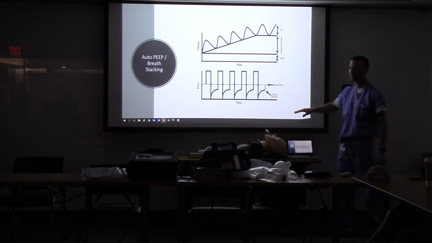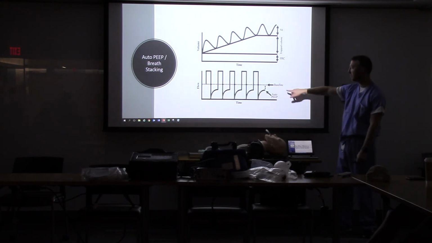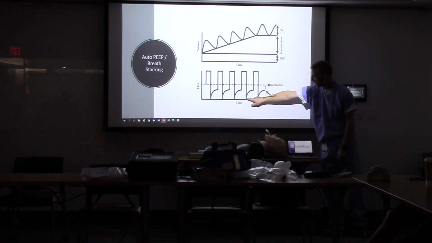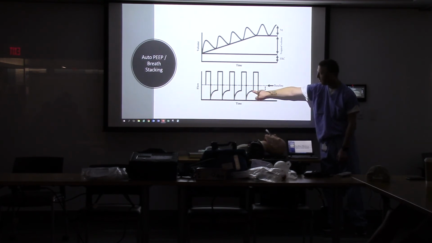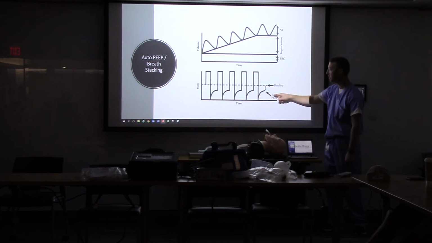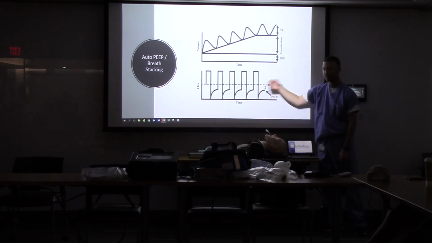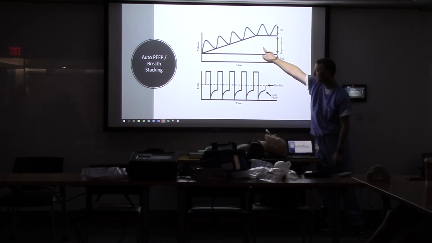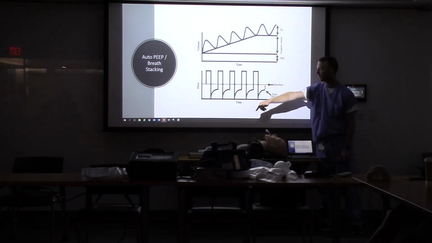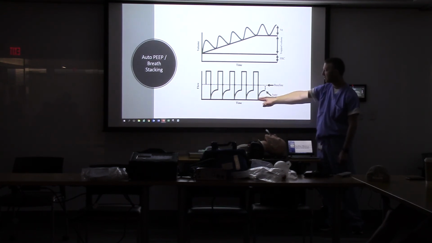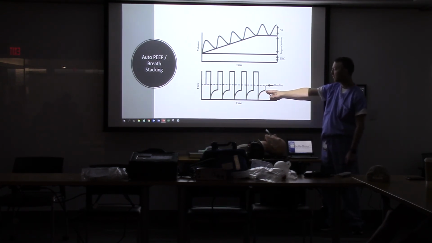If you have a vent, not these ones, don't do it, but if you have a vent that gives you those loops and graphs and whatnot, you need to see this flow reach up to 0. So this is positive, this is negative, this is the 0 line. This is the flow of gas in either direction. So breath in, gas flows into the patient really fast, and then it drops off, and then it starts to flow out.